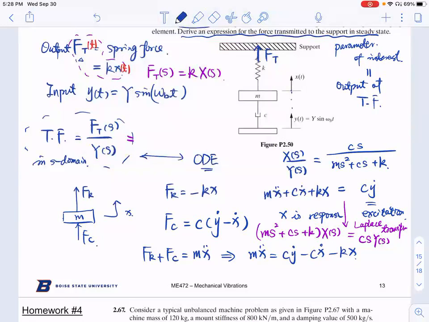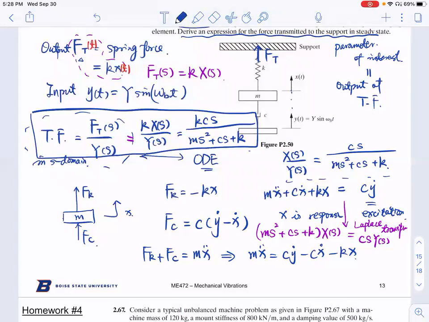There's no time derivative over there, so you just replace all the t's by s. So the transfer function of interest is k times X(s) over Y(s). We already know X over Y, which is this equation, and then you would have kcs over ms squared plus cs plus k. So that's the transfer function we would like to use.